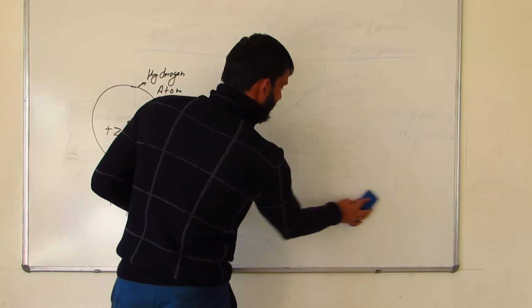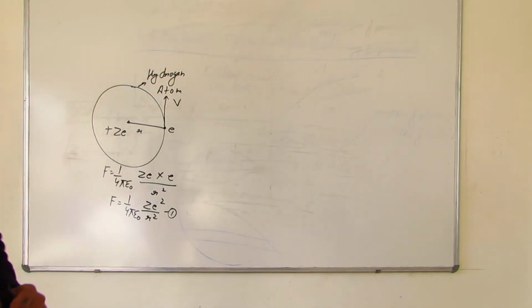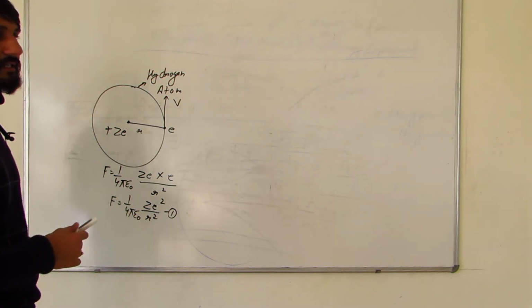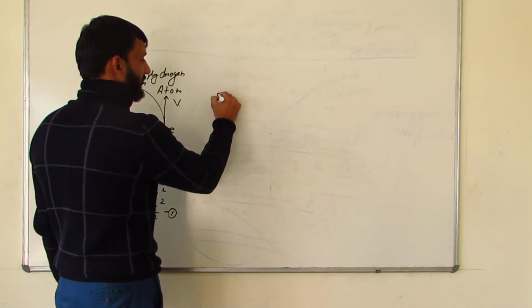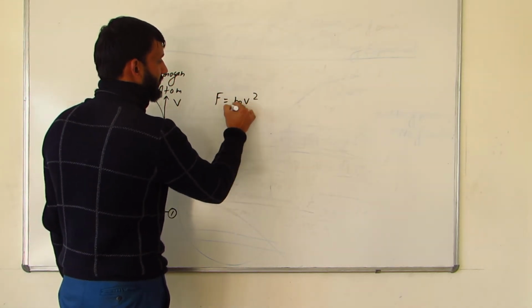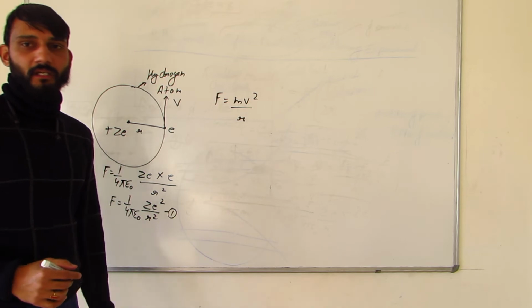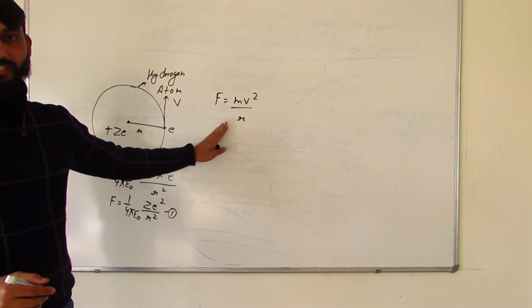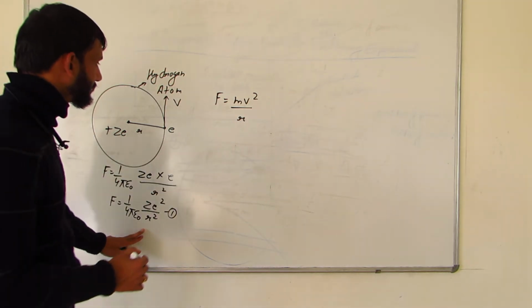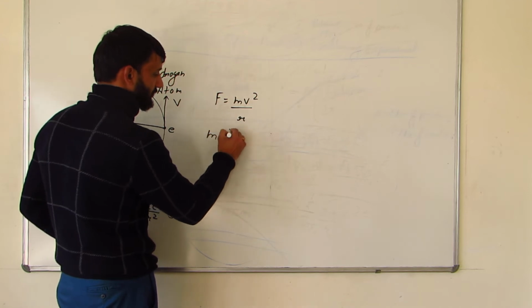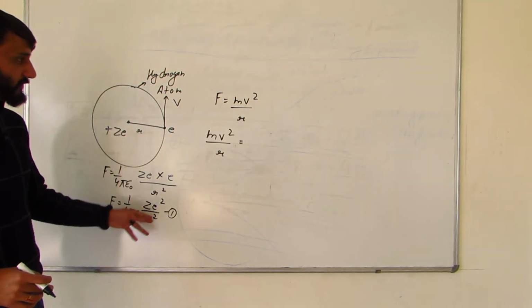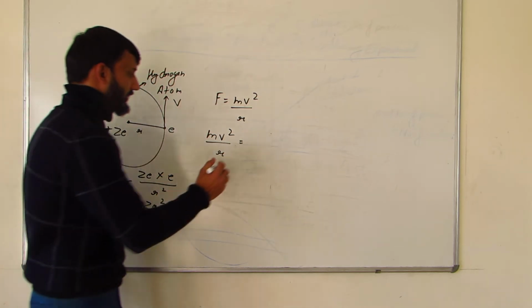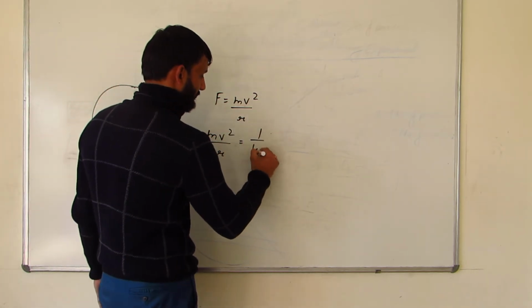In this case the centripetal force is generated by this electrostatic force of attraction, and therefore that centripetal force would be mv square upon r. So if I equate these two, since it is generated by this force, they both have to be equal.